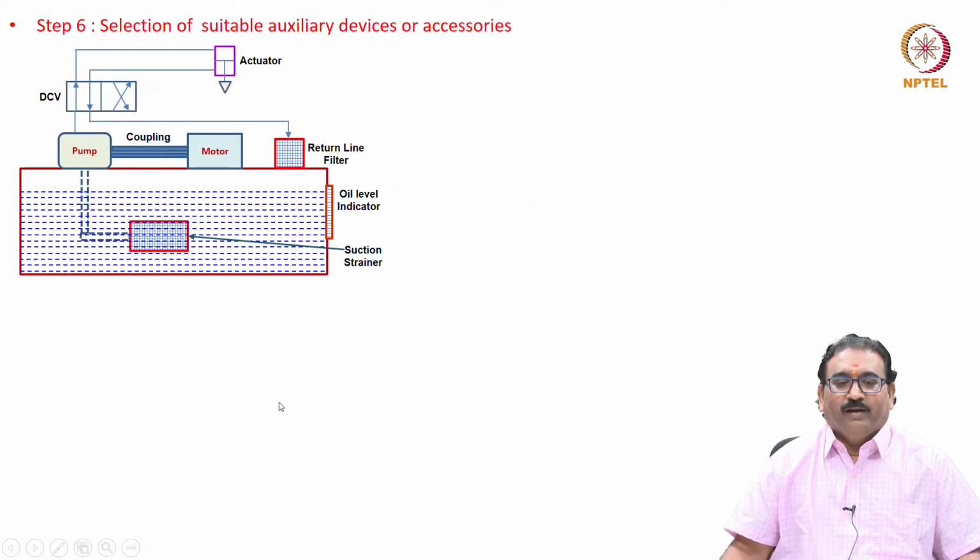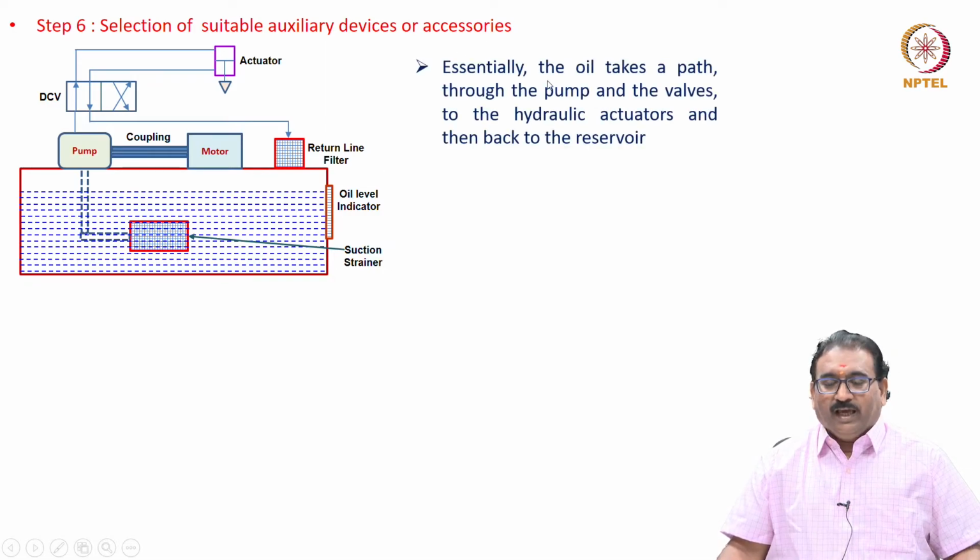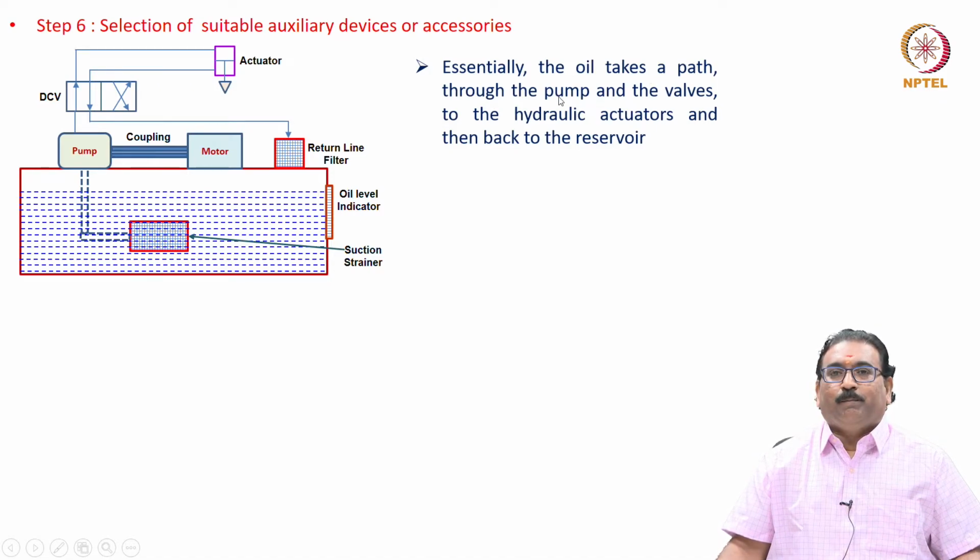Next one is selection of suitable auxiliary devices or accessories. There are various accessories. Essentially, the oil takes a path through the pump and the valves to the hydraulic actuator and then back to the tank.